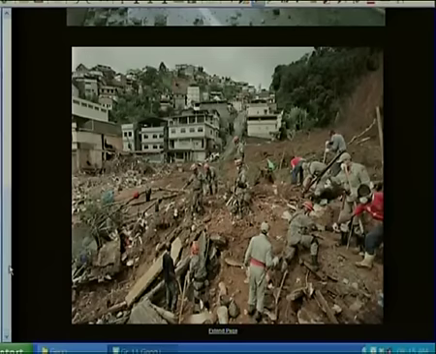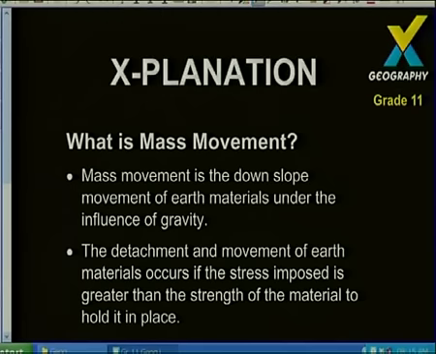This picture describes a mass movement that occurs and destroys environments and people's lives. Let's define mass movement. Mass movement is the downslope movement of earth materials under the influence of gravity. Any downward movement of earth, which is soil, which can be rocks, is referred to as a mass movement.